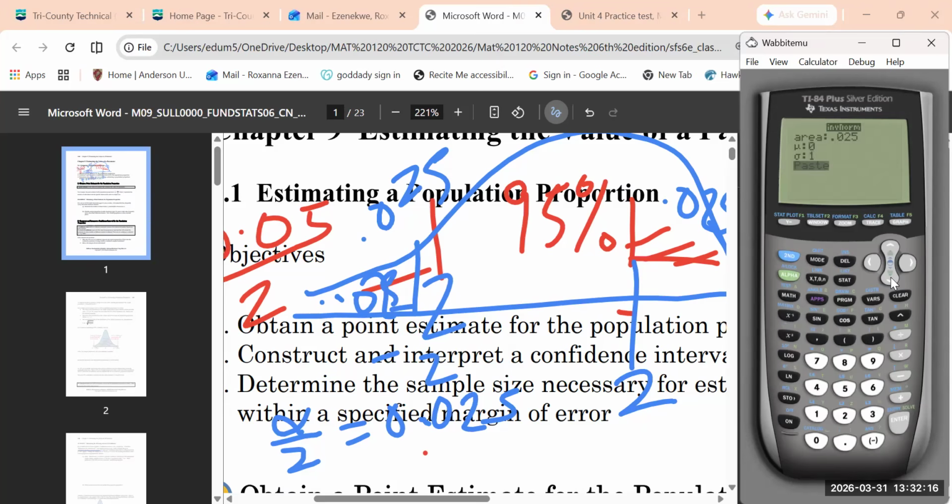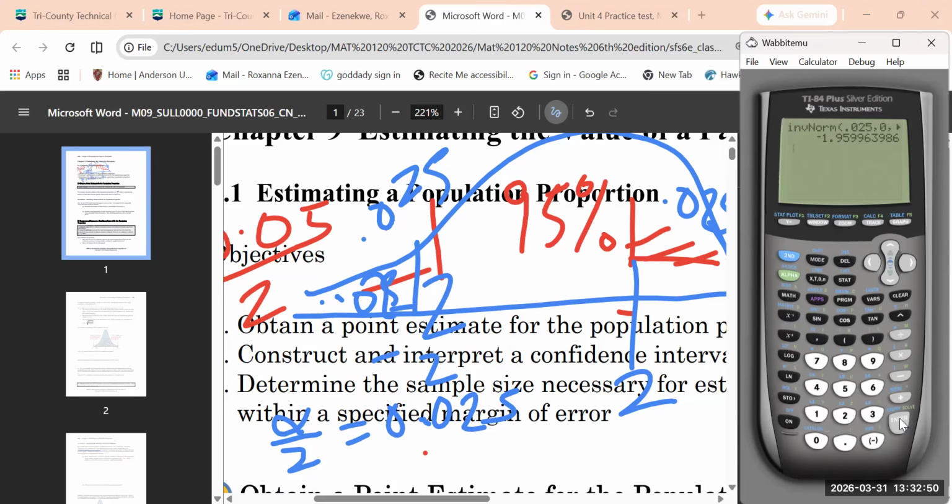So I'm going to calculate the inverse norm. Because you know when I calculate it, it's going to be approximately 2. See, negative 1.96. So the critical value is negative 1.96. You can actually read the chart, and it's going to give you the same thing.